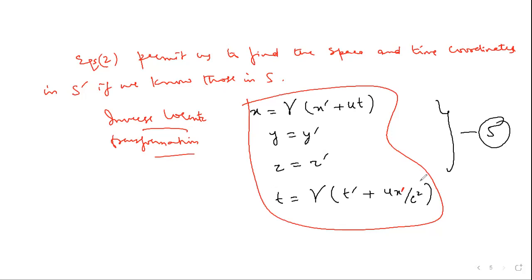So these are our inverse Lorentz transformation. They will permit us to find space and time coordinates in S if we know those in S prime.